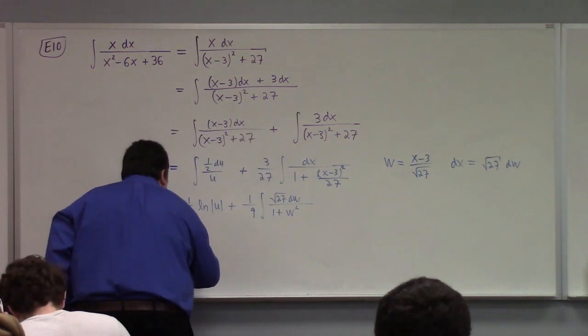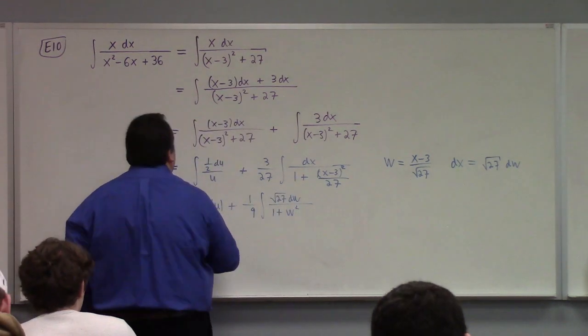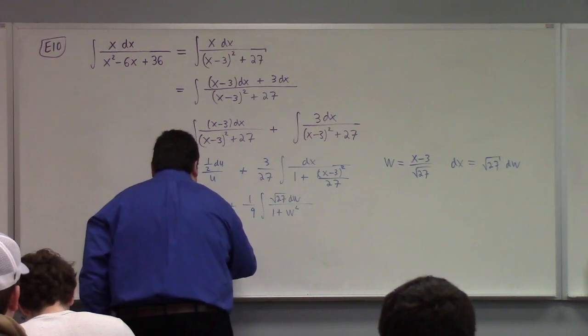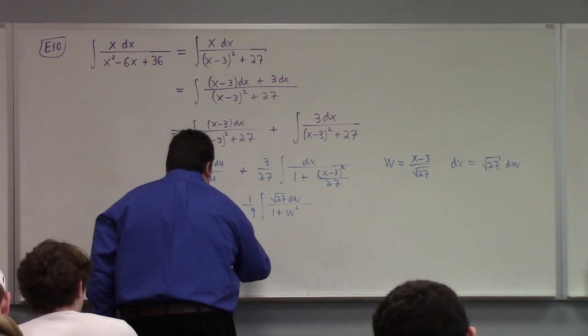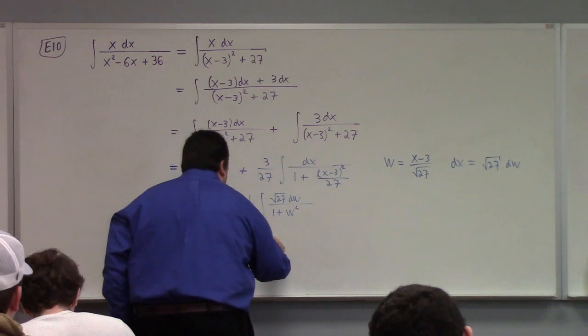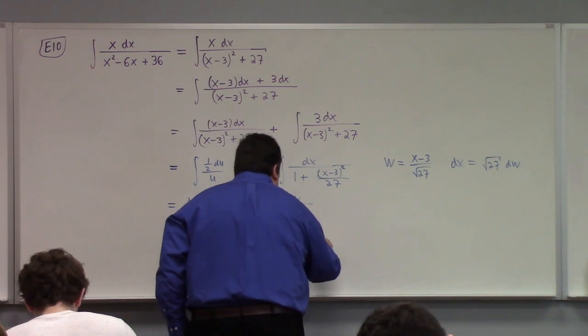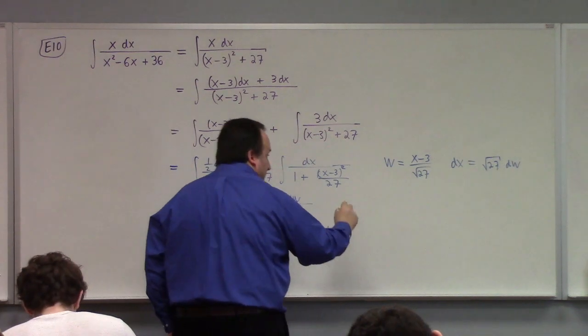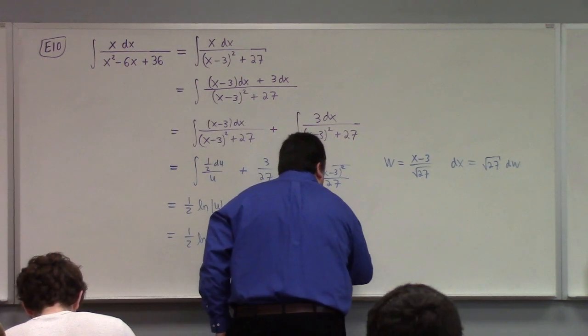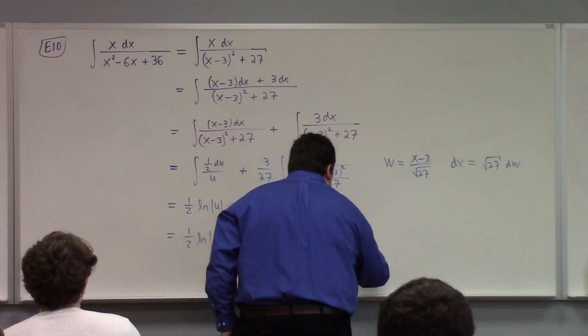And so the answer is 1/2 natural log the absolute value of the denominator, which was x squared minus 6x plus 36. Sorry, I'm out of time, guys. Plus square root of 27 divided by 9 inverse tangent of w. But the w was x minus 3 over the square root of 27, plus a constant.